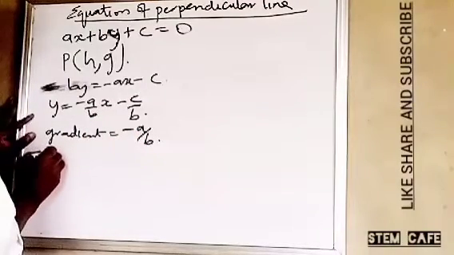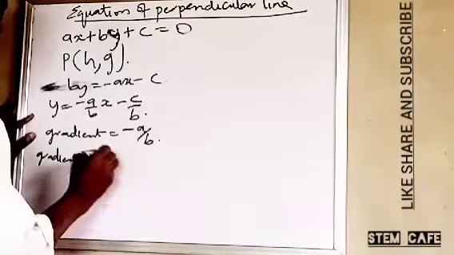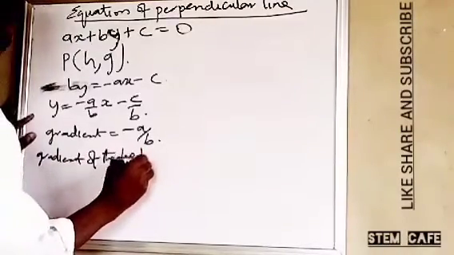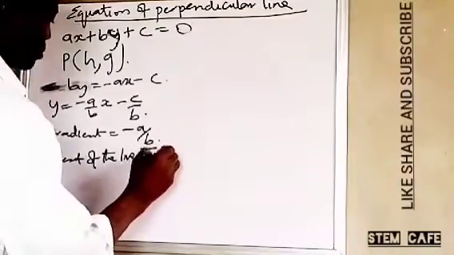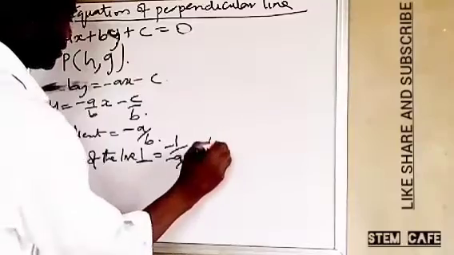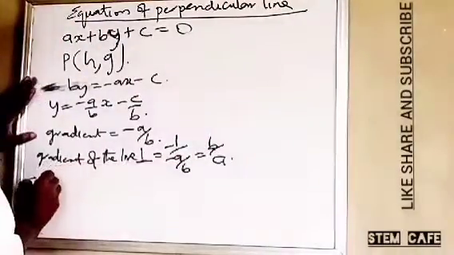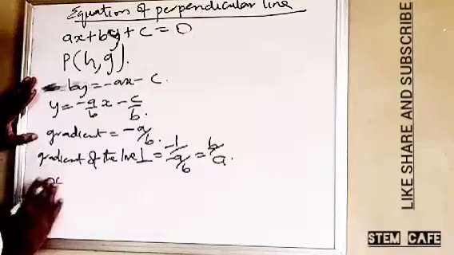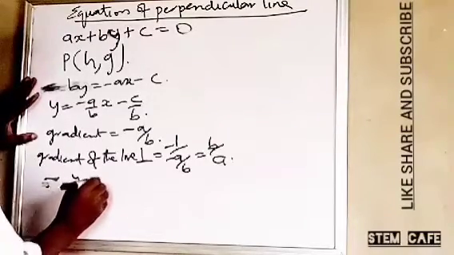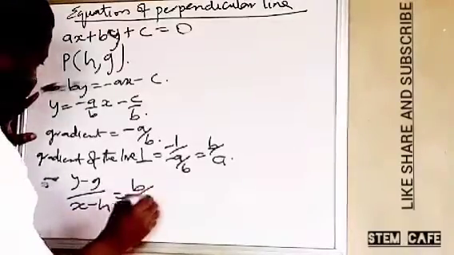So the gradient of the perpendicular line is going to be minus 1 over minus a over b, which is equal to b over a. From this, you can now say (y − g) over (x − h) is equal to b over a.